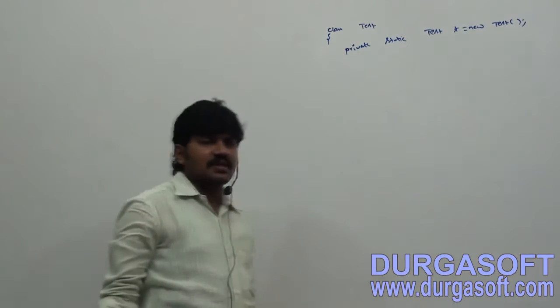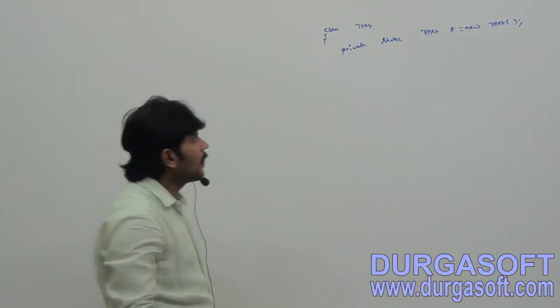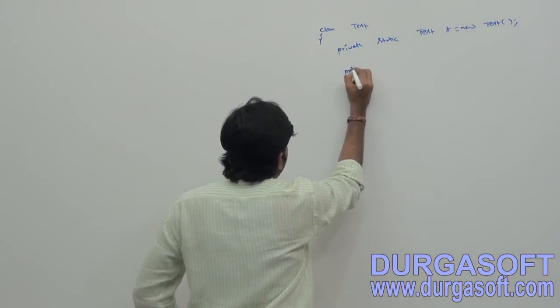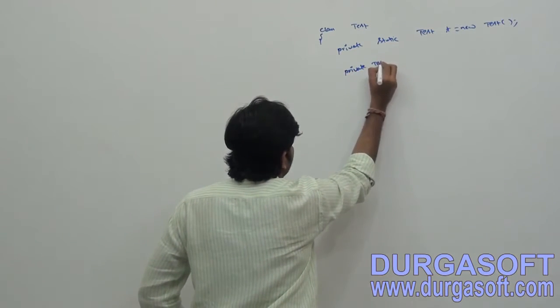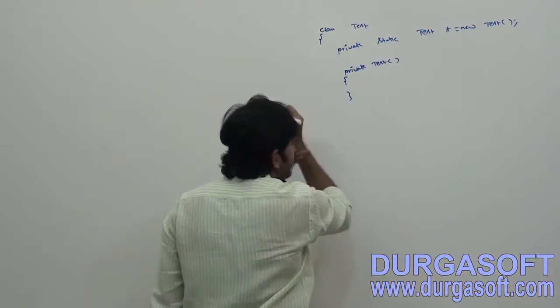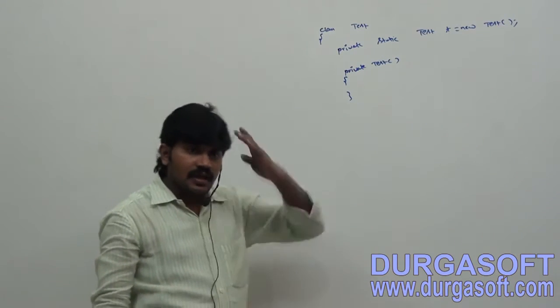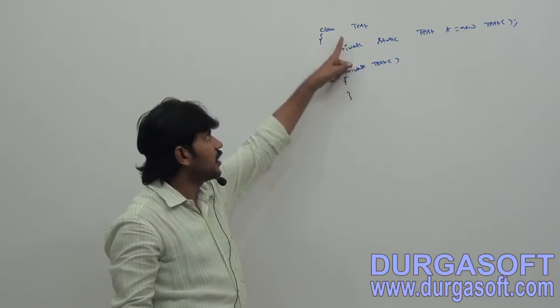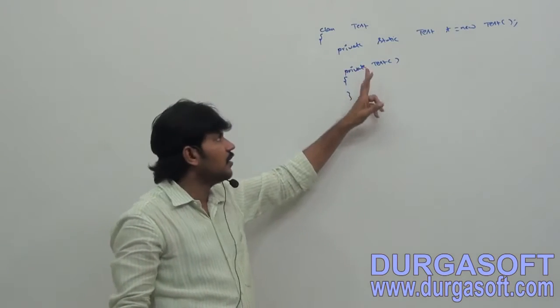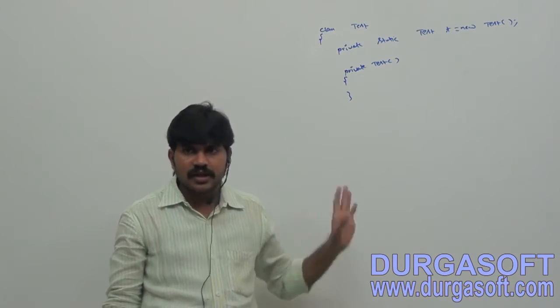And let me take the constructor as private, because if it is not private, an outside person can call it. He can create as many objects as he wants outside of the Test class. But this constructor he can't call. He can't create an object.